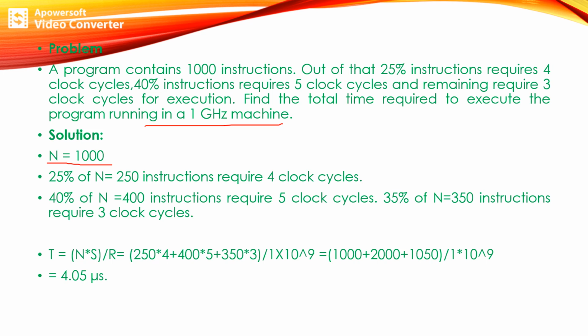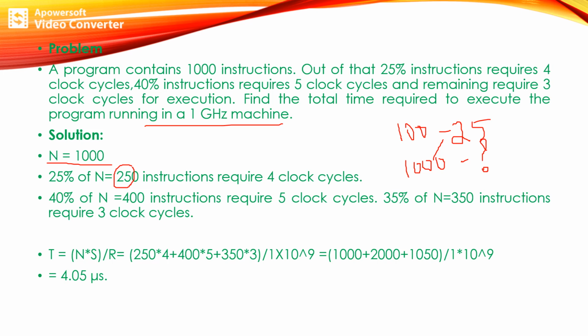That means out of 100, 25 instructions. If you have 100 instructions, 25 instructions will require 4 clock cycles. Similarly, out of 1000 instructions, 1000 into 25 divided by 100, you get the value as 250. 25% of N means out of 100 is 25, out of 1000 how much?